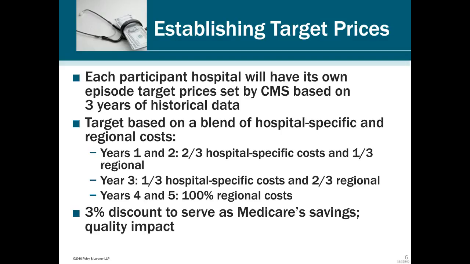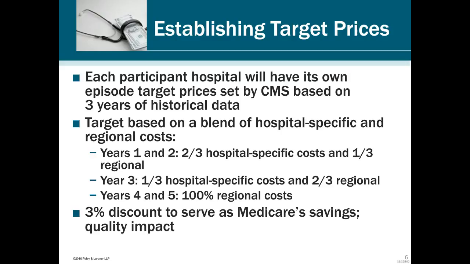is subject to various quality metrics that are really a composite quality score that is a function of a number of things: complication rate, which is 50% of the quality score, consumer surveys, which are 40%, and data submission, which is 10%.